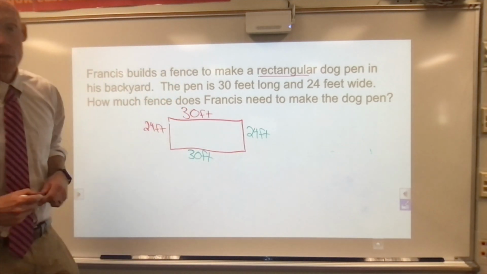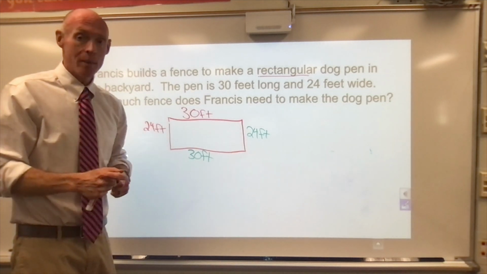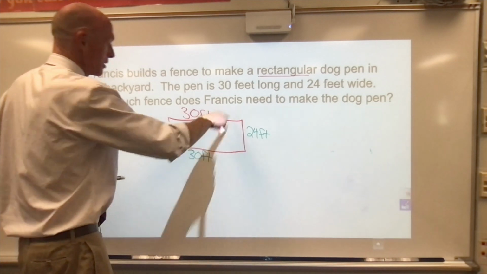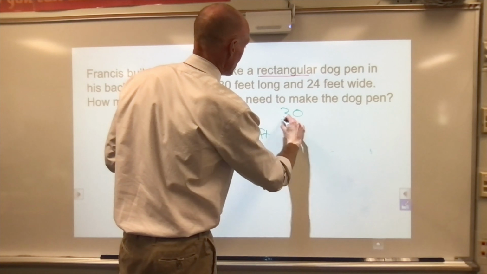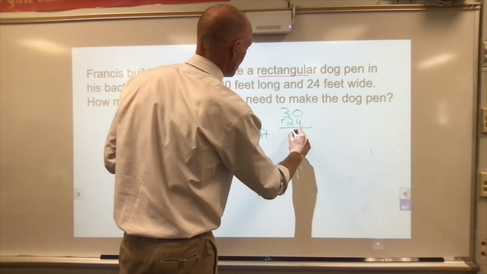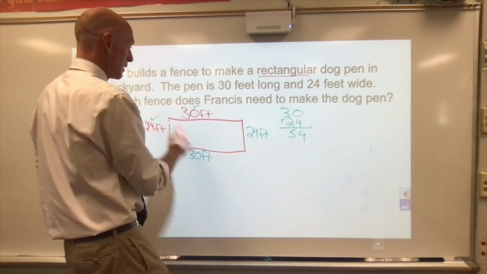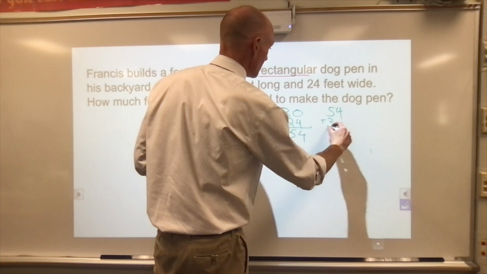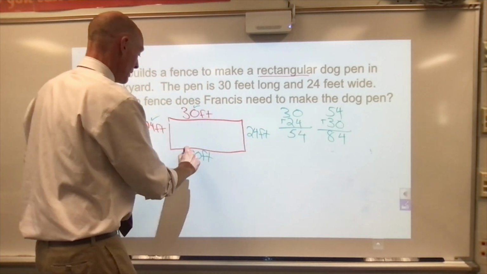Perfect. Now, to find how much fence Francis needs, just add them up. 30 plus 24 plus 30 plus 24. 30 plus 24, 4, 5. So we have 54 plus 30. So it would be 4, 8, 84.